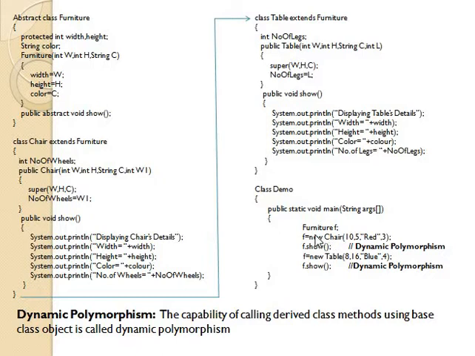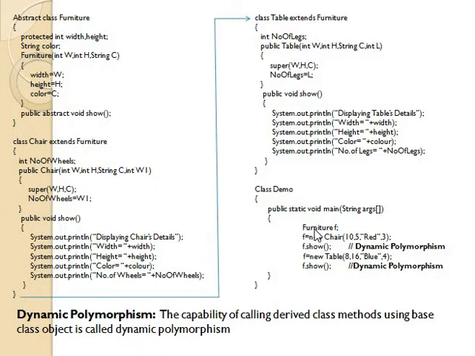Now, since this object f has been instantiated with the derived class chair with the values 10, 5, red and 3, this object f will invoke the show method of the derived class chair, that is this show method, and not the abstract show method of the base class furnisher.